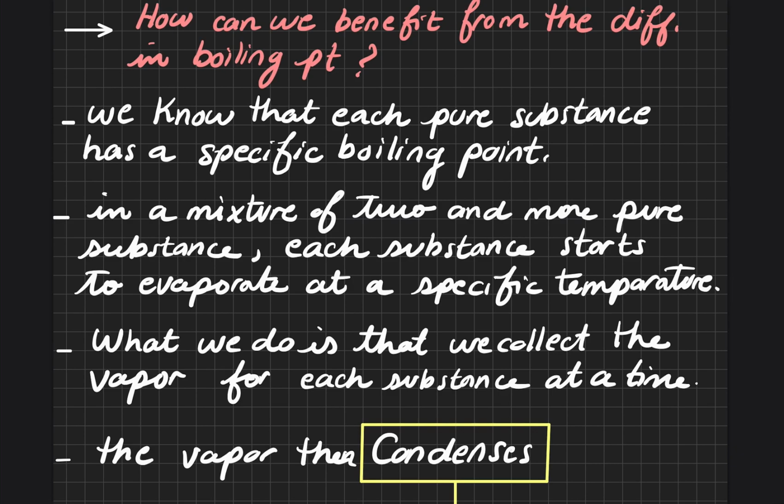So each of these substances is going to evaporate at a specific temperature. Now, how are we going to benefit from that? So we heat this mixture and we start collecting the vapor of the mixture at specific temperatures. So a part of the mixture will evaporate at first, and then another part will evaporate based on the temperature. We're going to learn more about that.